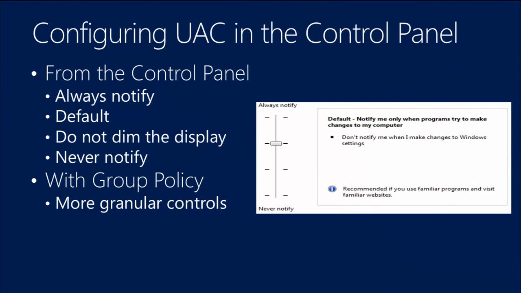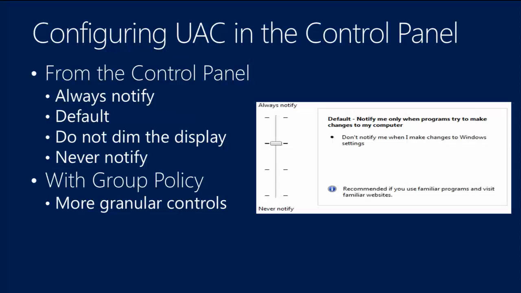If you use the slider to go to the upper level, you go back to Windows Vista mode. It will always prompt you to elevate, even when you're using a Windows management tool. The option do not dim the display was useful in the Windows Vista days when some of us were still using old CRT displays.